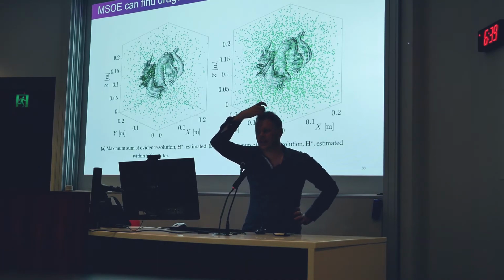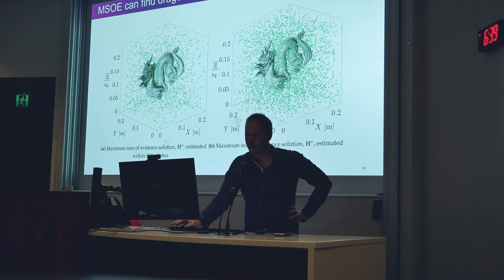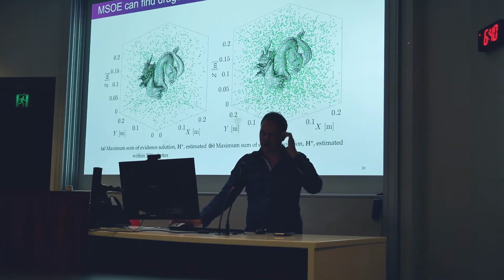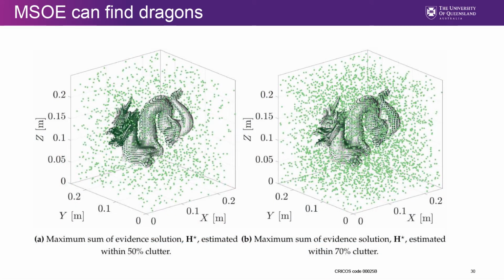When I throw MSOE at the same problem, it doesn't care. Those measurements here, which aren't the dragon, will support a hypothesis. You can put the dragon in a pose that would make, say, that measurement there. I could put the dragon right up here and it would be like, yeah, this measurement makes sense, but the other 2,999 don't. So while they do support a hypothesis, they don't support the same hypothesis.